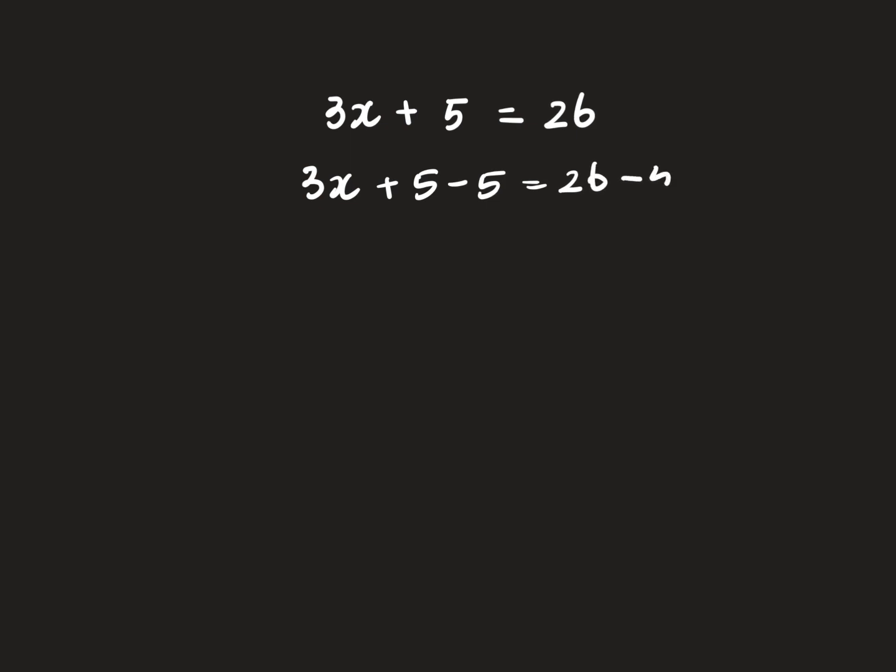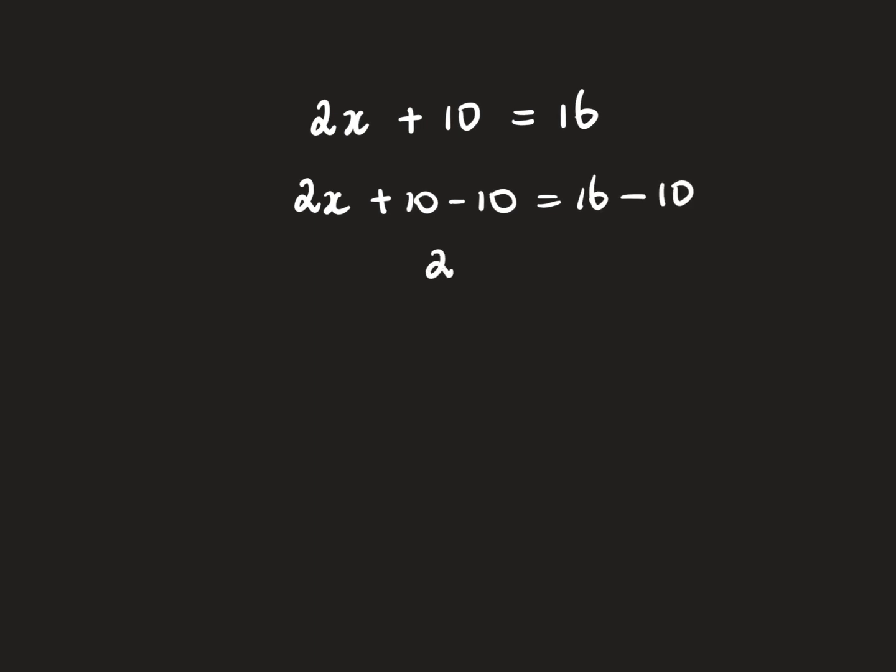Press pause on the video and try this one by yourself. Okay, did you work it out? 3x + 5 - 5 = 26 - 5. 3x = 21. Divide by 3, cancel. x = 7. Did you get that one right?